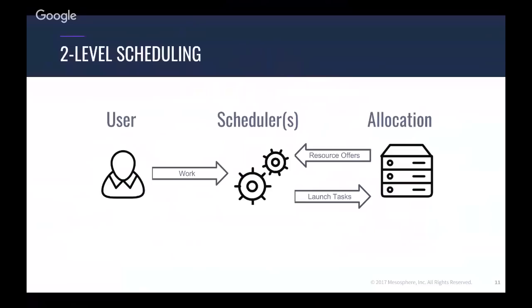Mesos itself uses two-level scheduling. So Mesos at its core is just doing resource negotiation and resource sharing between so-called schedulers. The actual scheduling decision, where a task should be launched and what resource requirements this particular task has, is done by the scheduler.